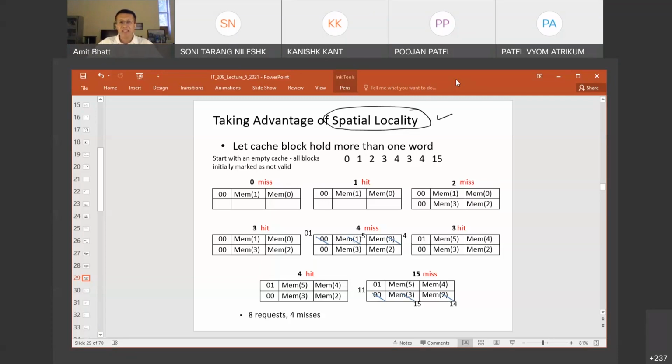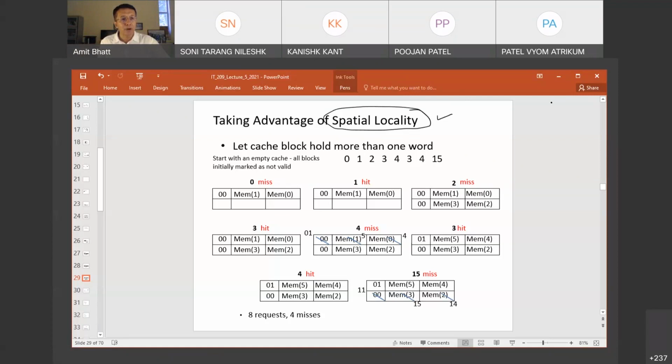And why you are doing that? Because there is something which is known as principle of spatial locality, and which you yourself have tried in your own programs, that after the first instruction you execute second instruction, third, fourth, fifth, unless there is a loop. So that is called the principle of spatial locality.